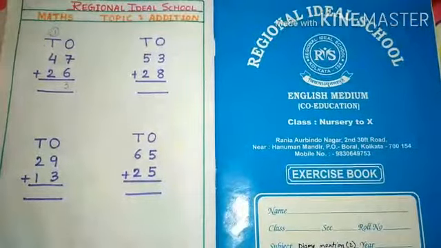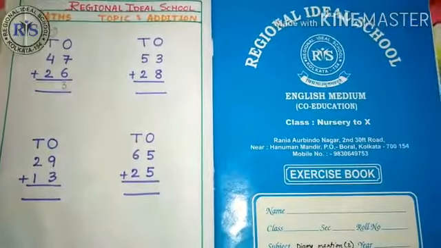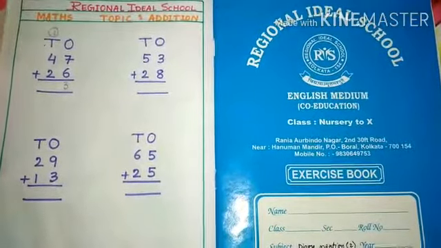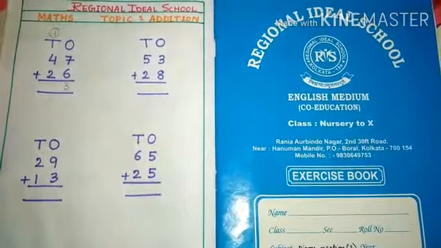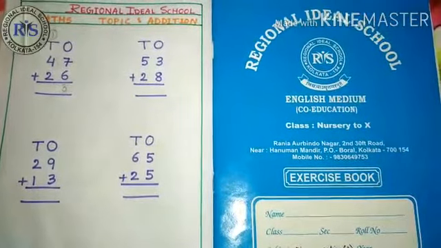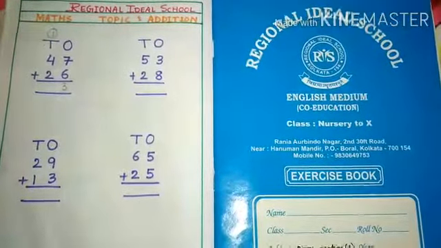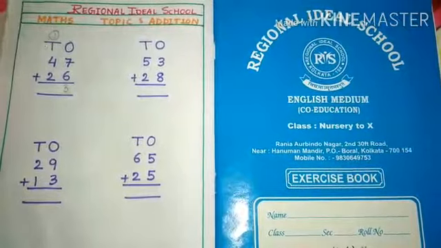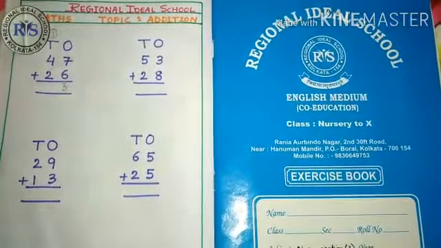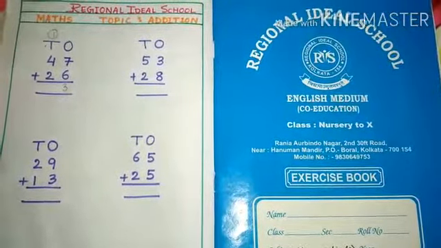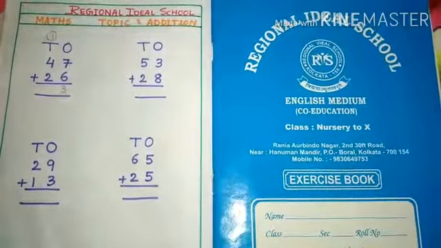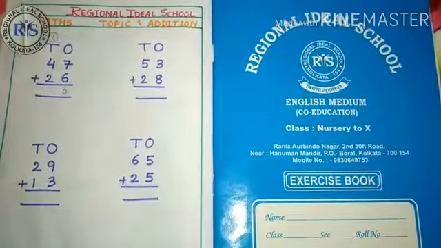If we add 4 and 2, we will get 6. Students, remember that we have 1 carry forward and we have to add the carry forward number with the tens digit. 4 and 2 makes 6. 6 and 1 forward makes 7.